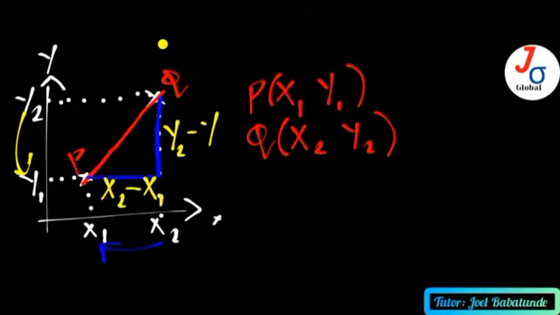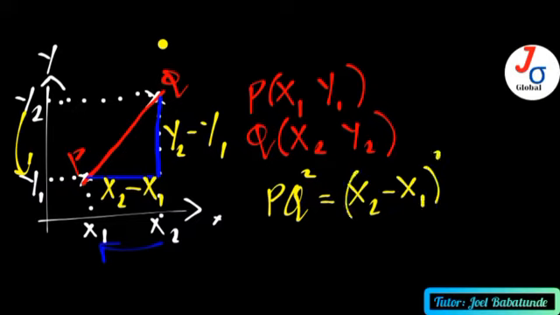Okay, good. So how do you find, using the Pythagorean theorem, the hypotenuse of this triangle? You're going to have PQ squared equals x2 minus x1 squared, as the square of the other two sides, plus y2 minus y1 squared.